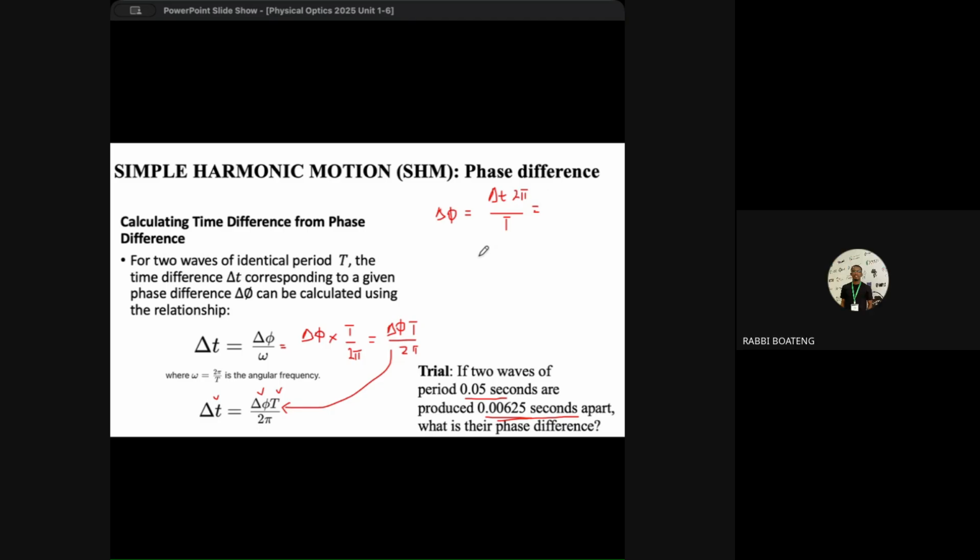The pi is 180, so 180 times 2 gives you 360. So if you multiply 0.0025 times 360, then divide it by 0.05, which is the t, it will give you 45. Okay.